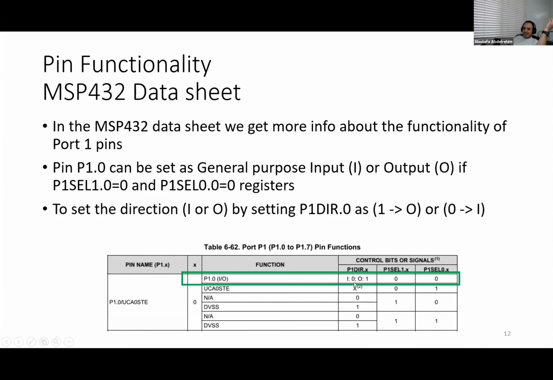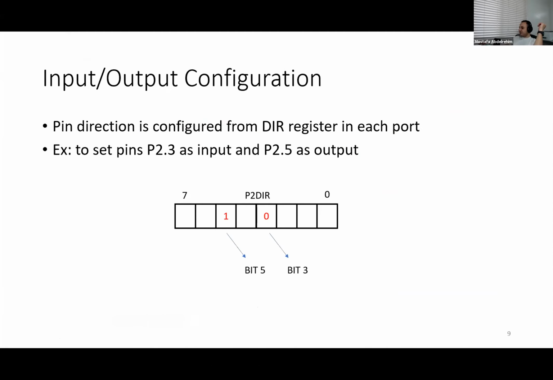That's what I said here. So P2.5 was output, so 1, yes. And P2.3 was input, so 0, yes.